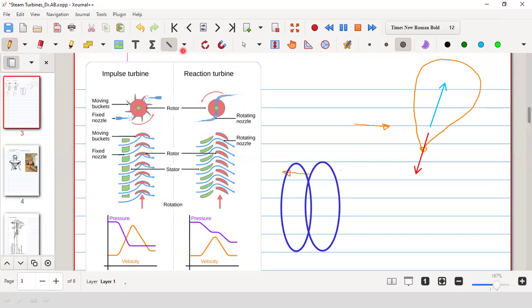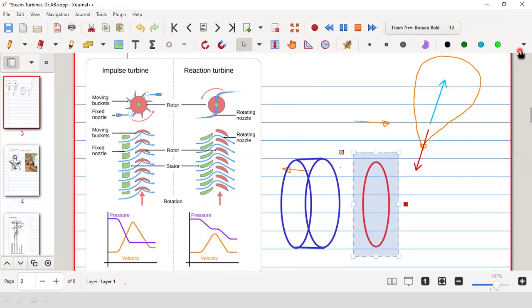Say, for example, this is the disc which is accommodating the nozzle, along the same axis but at different planes.